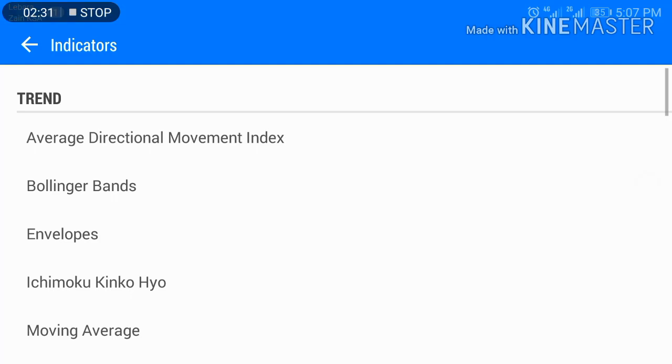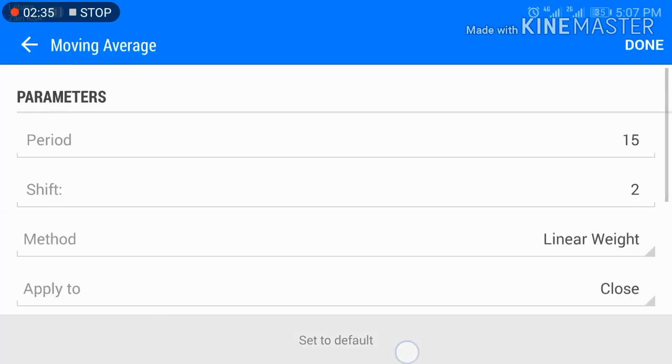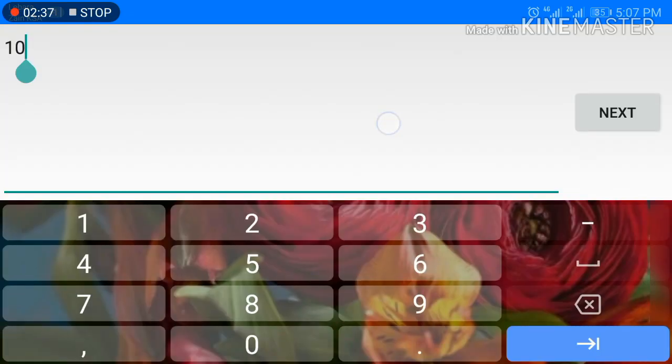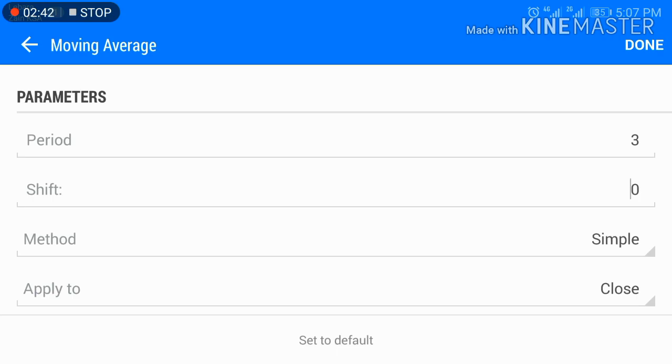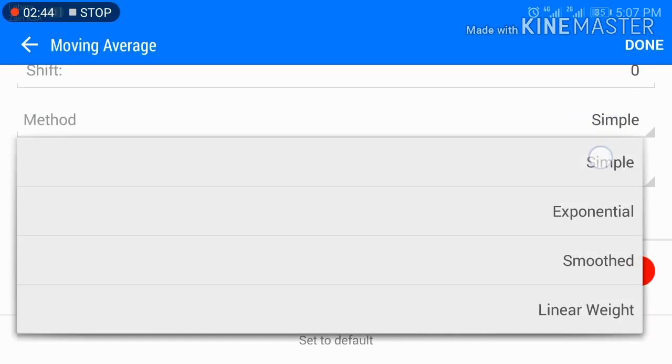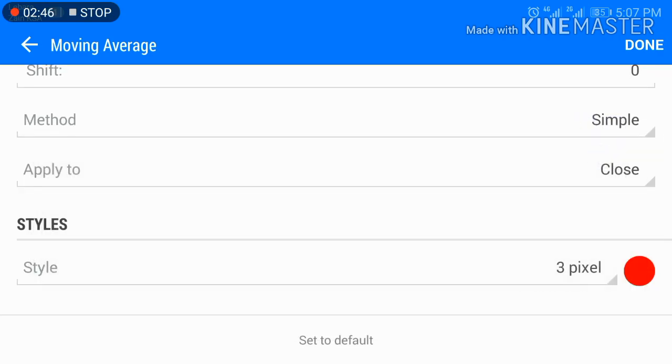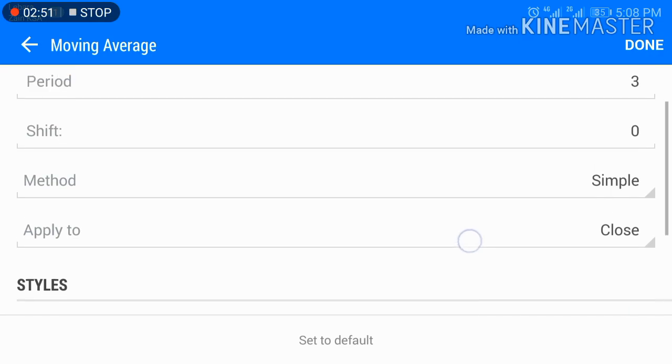First of all, you have to choose the moving average. Set the first one to period 3, shift 0, method simple, apply to close, any color you like, and style 3 pixel.